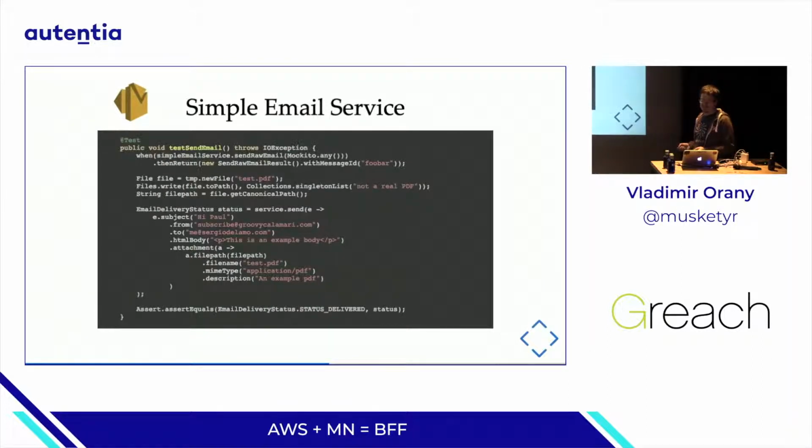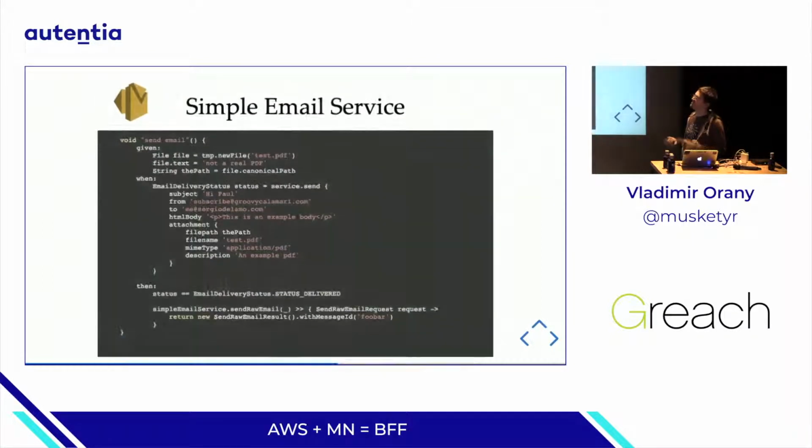You have your service, you send an email, and you have the email definition with a subject, from, to, some HTML, and some attachments. I think this looks okay, but of course it looks much better in Groovy. And I think you can find out it's made by Sergio. I think it was contributed by Sergio, because he's still in the test.